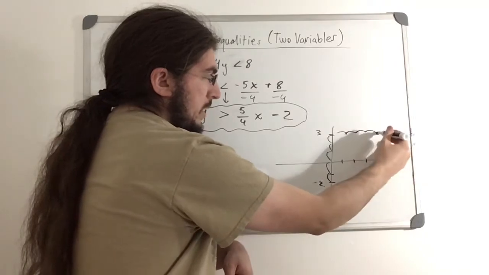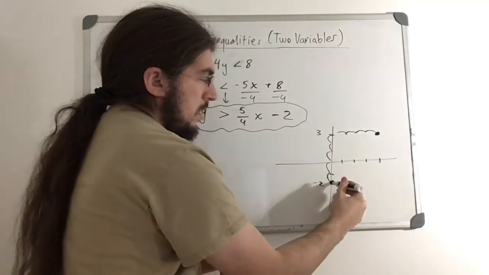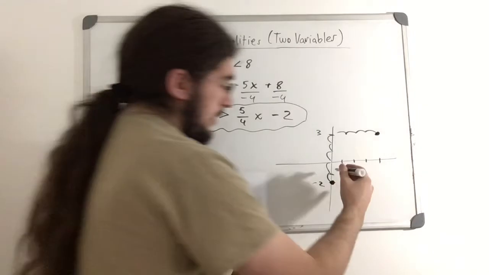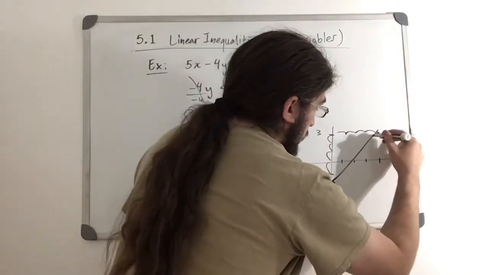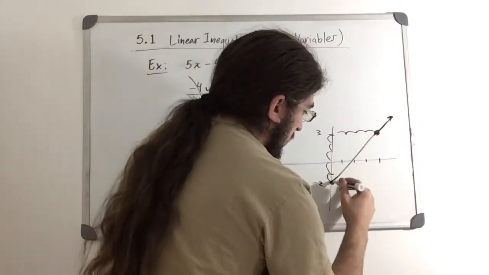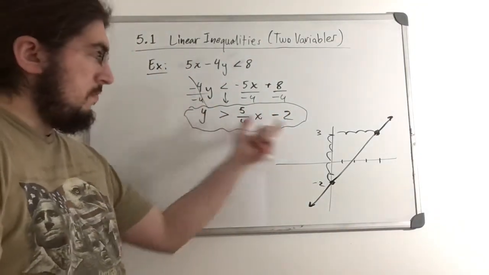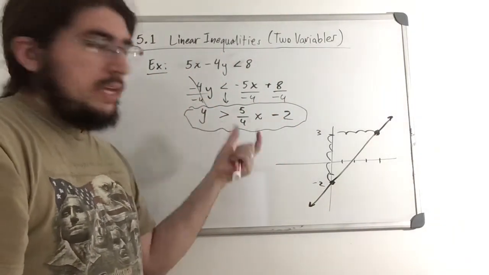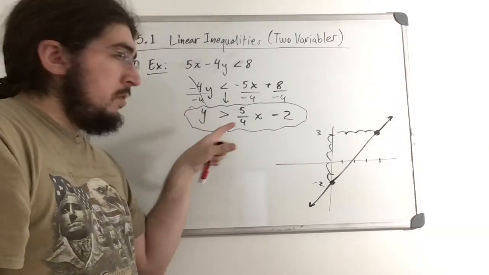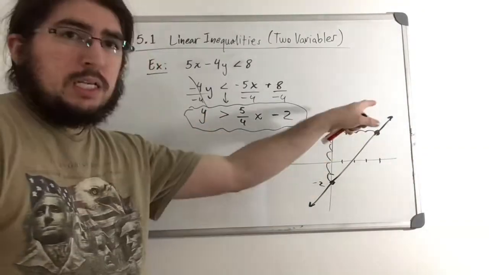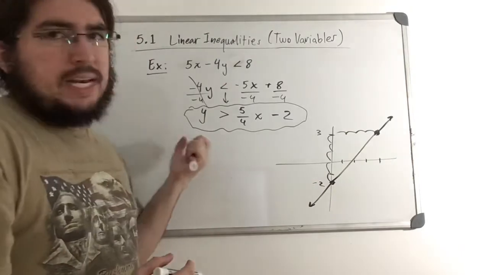We land at this point. Perfect. So now let's connect the dots with a straight line. Again, points on this line represent solutions to the equation, not the inequality. So if this were equal to, then all points on this line would be solutions. It's not equal to.